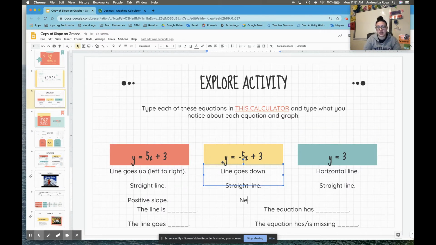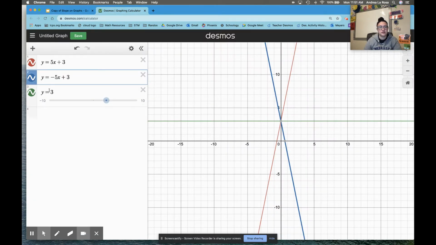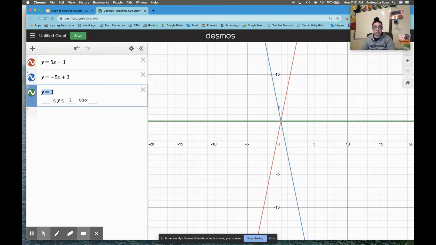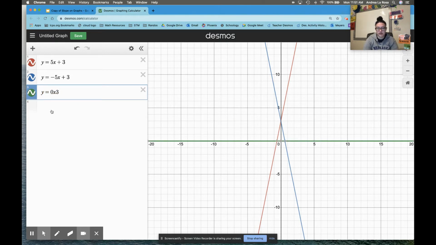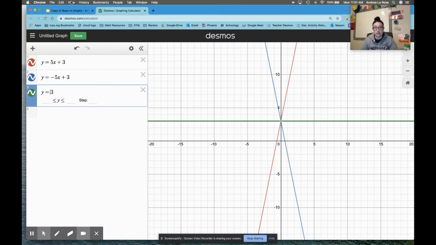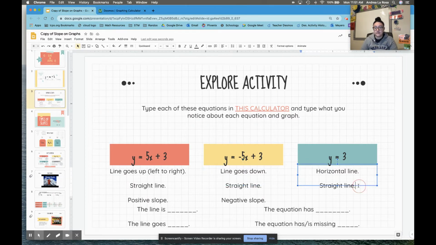So here I had a negative slope. And then for this equation, y equals 3, is there a slope? No. There's no number with my x. That's the same thing as if I have 0 times x plus 3. I have no slope. It doesn't matter if I have it there or if I delete it, my line's not moving. There is no slope, or a slope of 0.